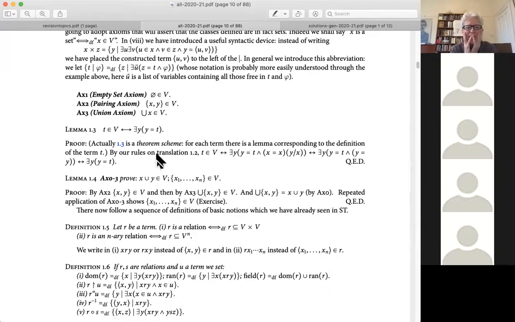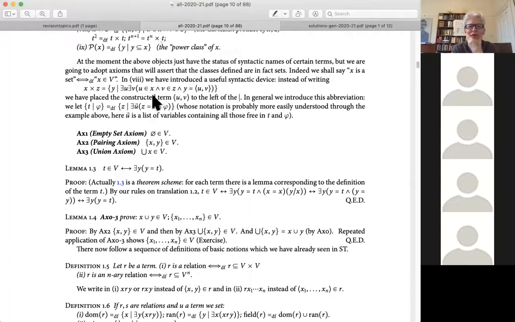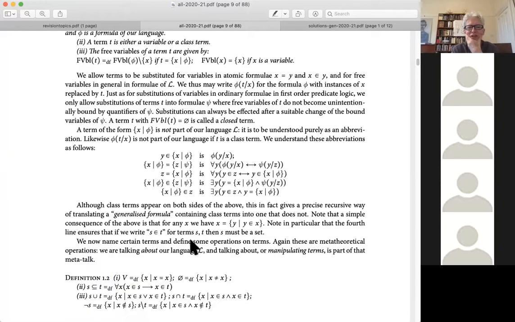So now we list our axioms. So this says something about these two terms. It says that this one is a member of that one. So actually, this is a set existence assertion. Remember that to say that some term is a member of another term is to say the thing on the left is a set.